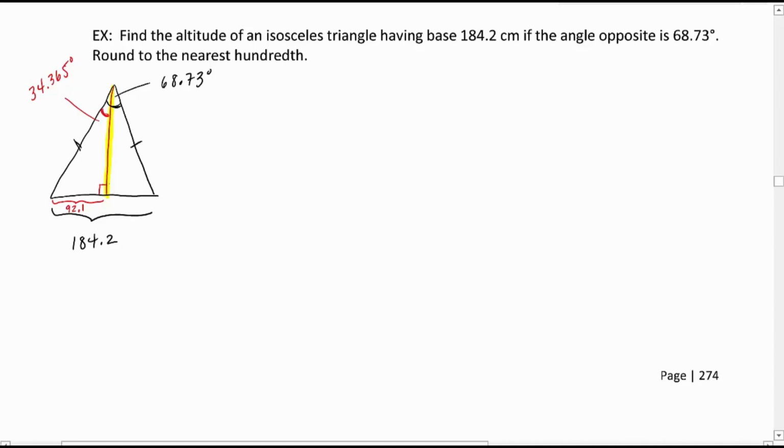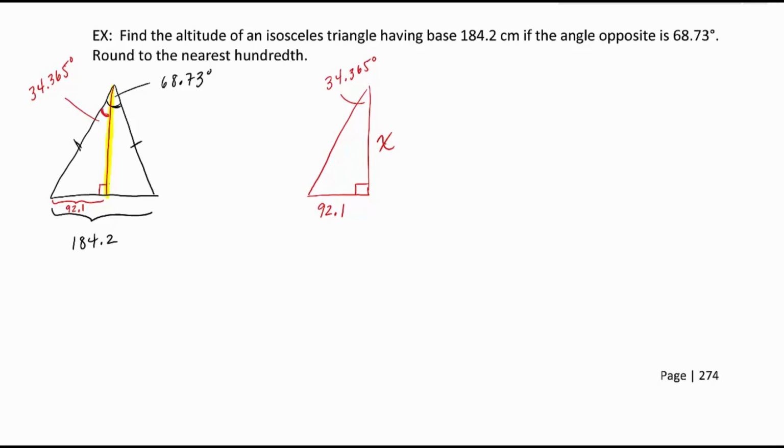Okay, I'm going to draw a breakout triangle because I feel like my diagram looks complicated. I like to draw breakout triangles that just include the information I need to focus on. So I've got a right angle with a base of 92.1, an angle of 34.365 degrees, and I'm trying to find this side x.